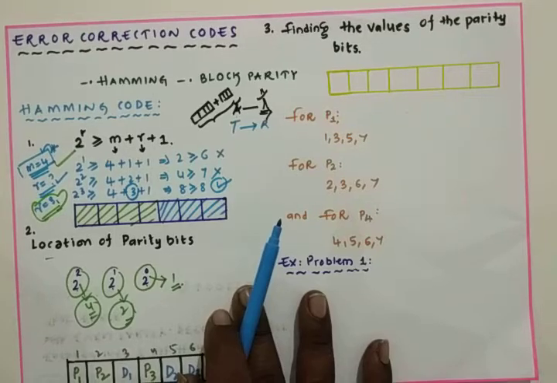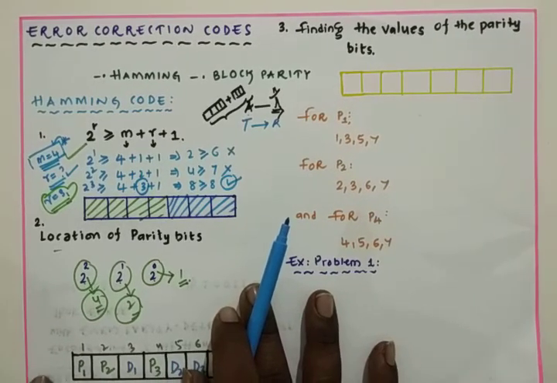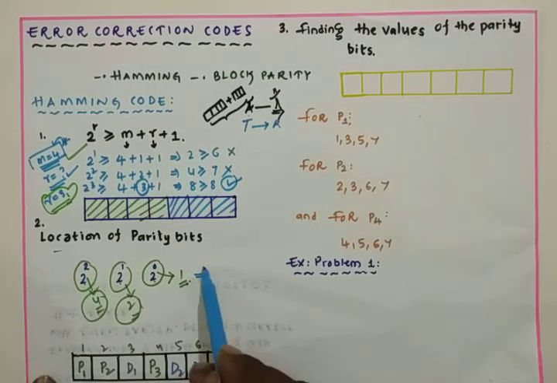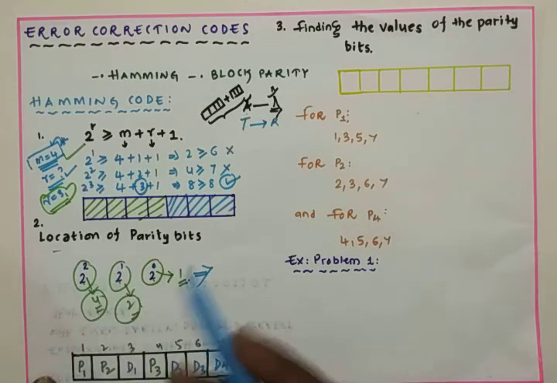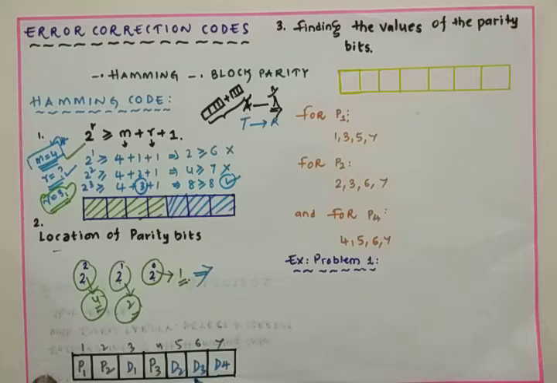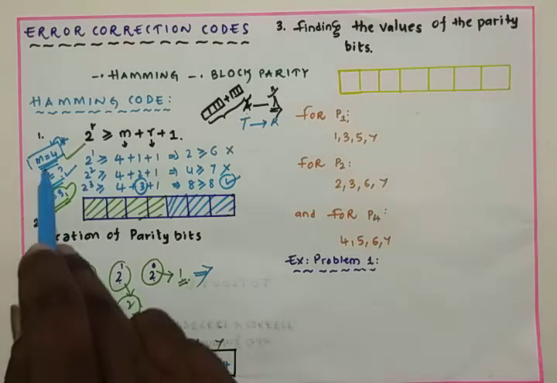If we want to transmit these parity bits along with the data, then we go with the positional weight system, that is 2 power of 0, 2 power of 1, 2 power of 2. If there were a fourth parity bit, that would be 2 power of 3, which is 8, at the 8th cell. But here we have only 3 parity bits, at the first, second and fourth cells. Out of 7, 3 are for parity and the remaining 4 are for the data.